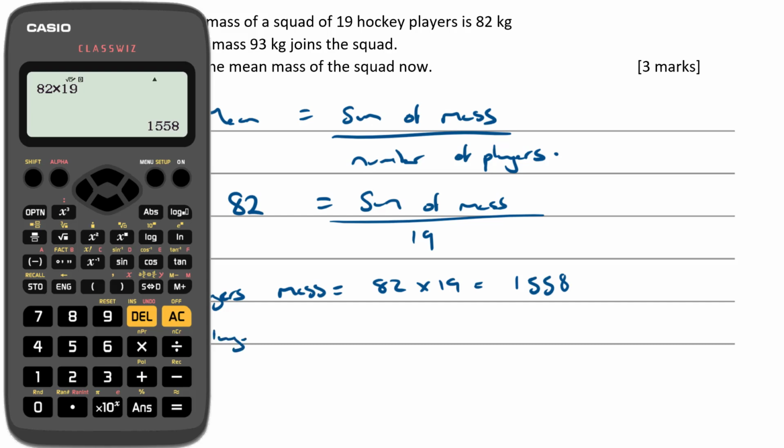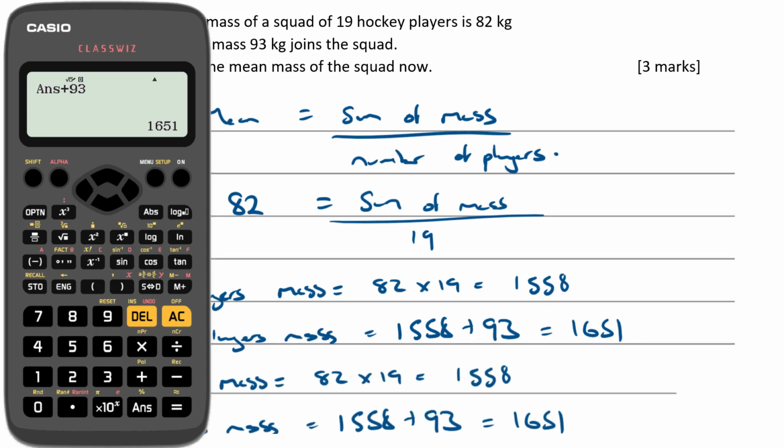If the next player comes along and he weighs 93, now I've got 20 players. The total is going to be the 19 players already had plus my new player of 93. Adding on 93 comes to 1651, and then the mean is going to be that divided by 20.